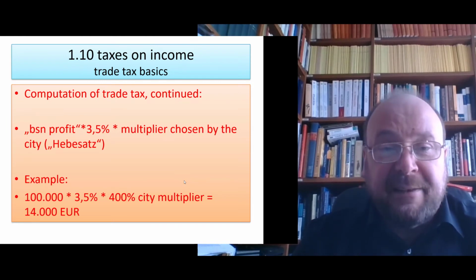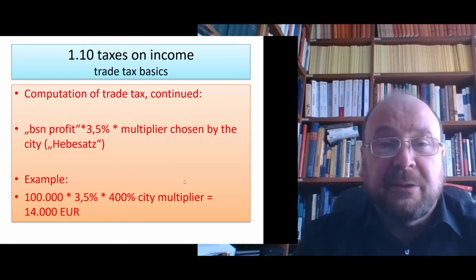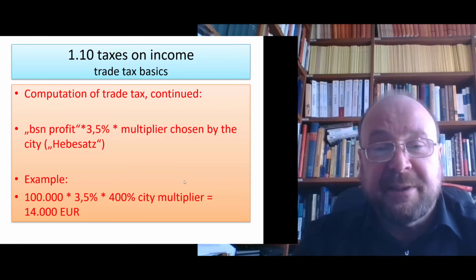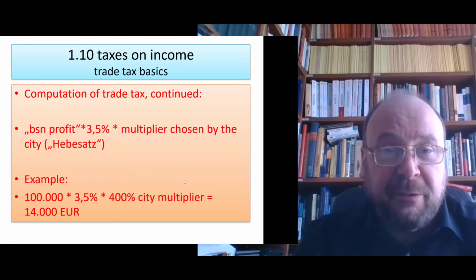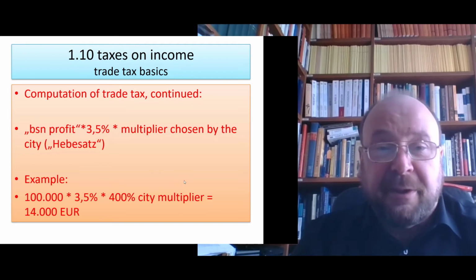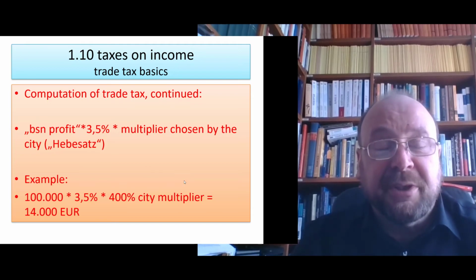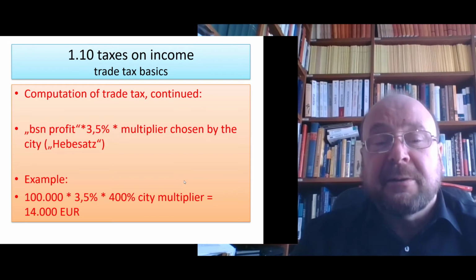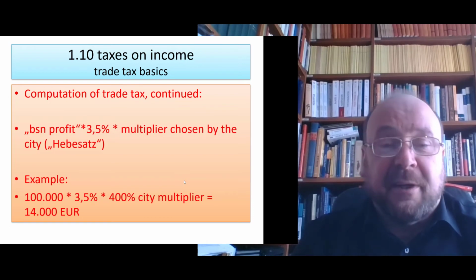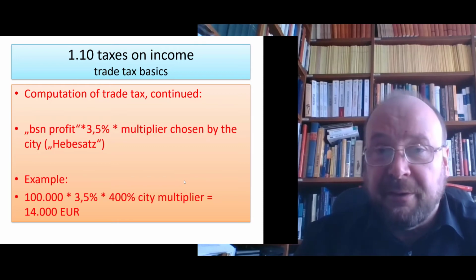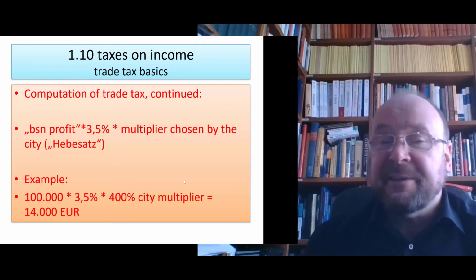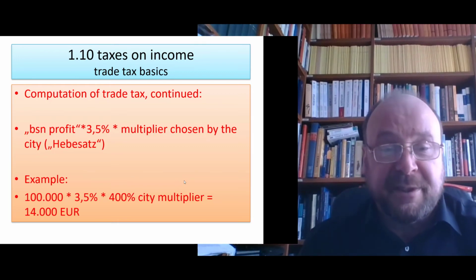If you don't add that information, probably your potential investor is crying and running away with a speed which qualifies him or her for the Olympic Games. So the 400% are really confusing. In reality, it's 400% on 3.5%, and that is nothing else than 14%.